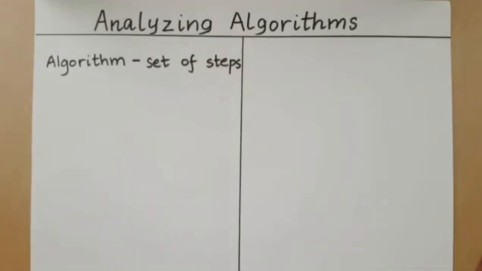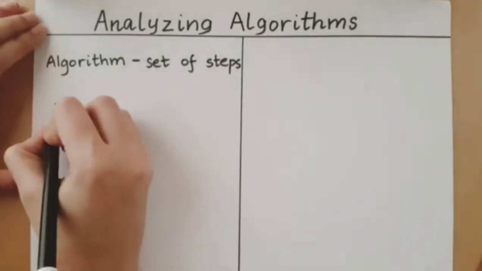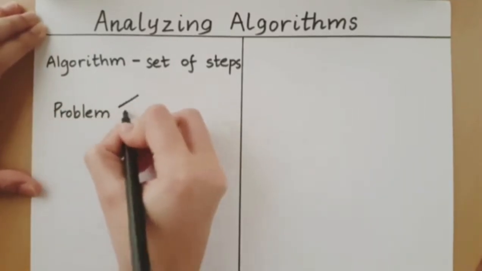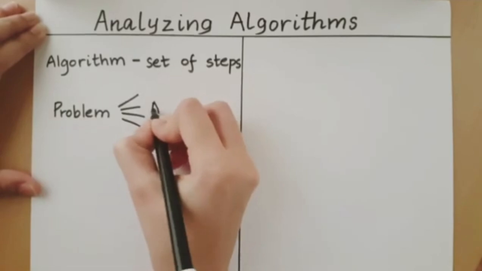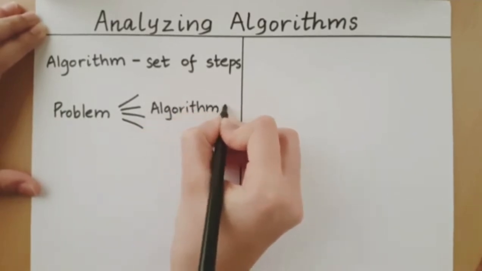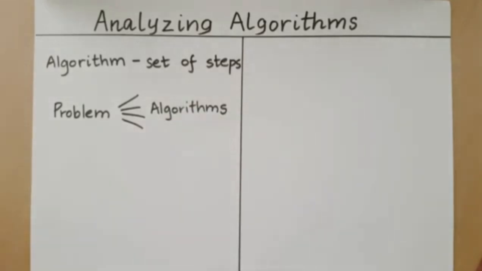One problem can have many algorithms which can provide the required solution. In such a case, we need to have a method of finding the best algorithm which can solve the problem.